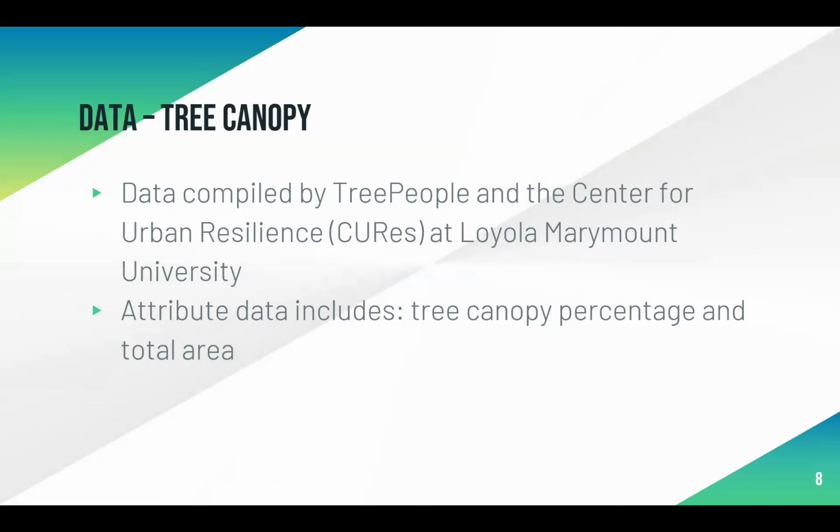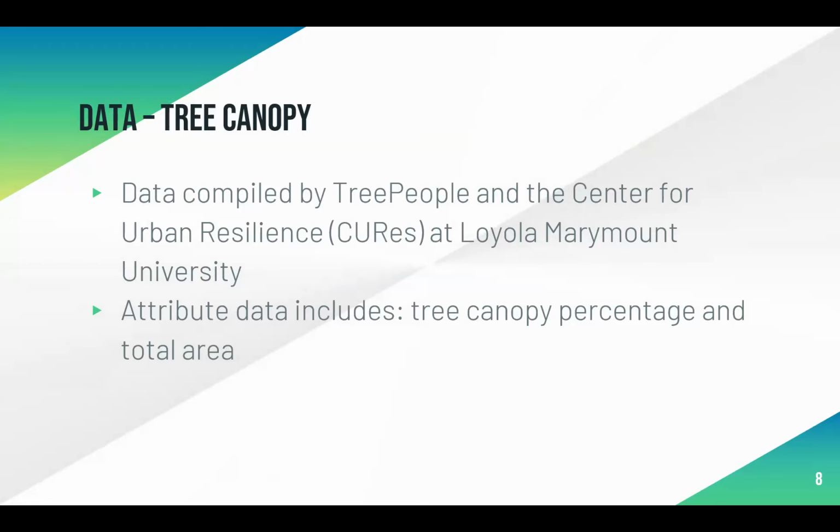The second data set I worked with shows tree canopy levels at census tract level in Los Angeles County. This data was compiled by Tree People and the Center for Urban Resilience at Loyola Marymount University as part of a project that aimed to look at spatial distribution of green infrastructure in the county.